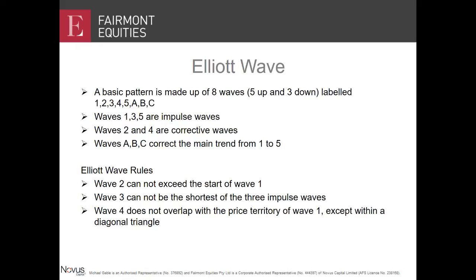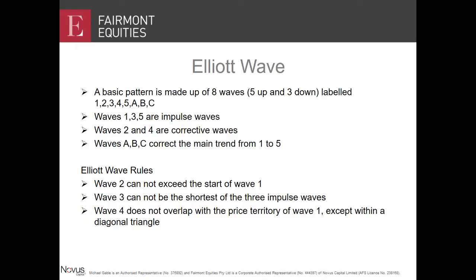So a basic pattern is made up of 8 waves. You have 5 going up and then 3 going back down. And we label this 1, 2, 3, 4, 5 and then A, B, C. Within the 5 waves going in the direction of the trend, waves 1, 3 and 5 are impulsive and waves 2 and 4 are corrective waves.